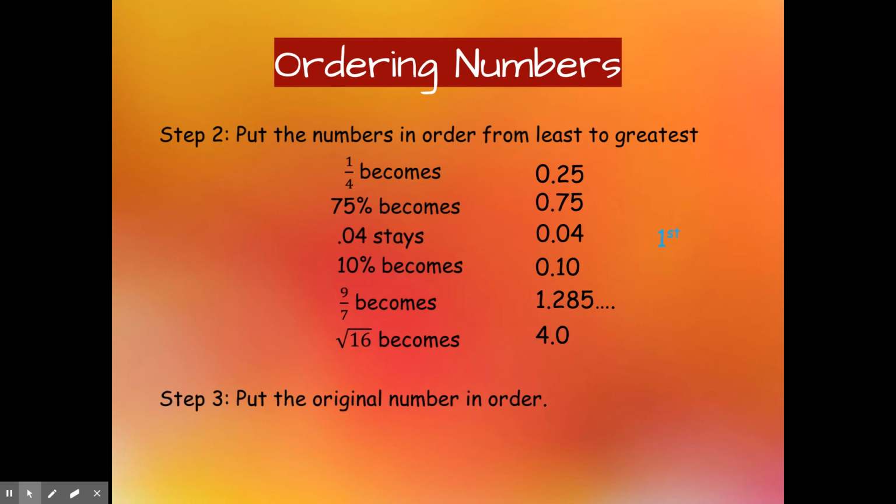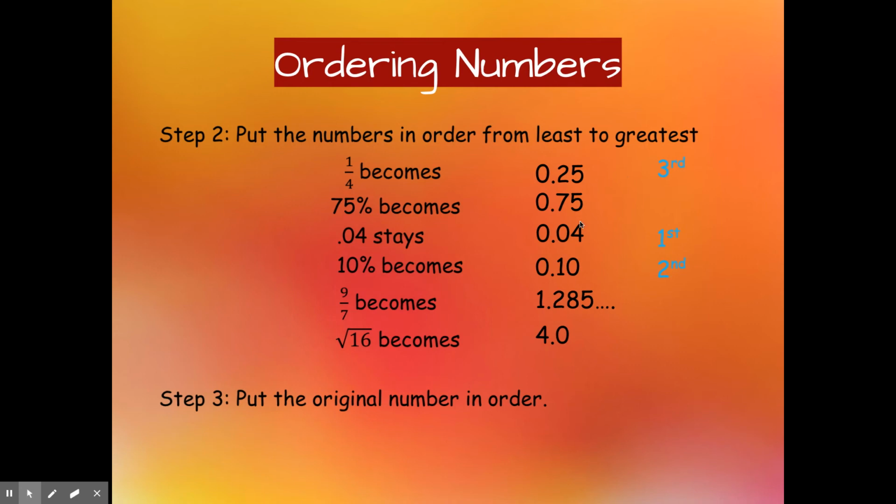My second smallest would be my dime, that 10 cents, so I'm going to put a second next to that 0.10 or 0.1. My third smallest would be this quarter, or 0.25, so I'm going to put a third next to that.